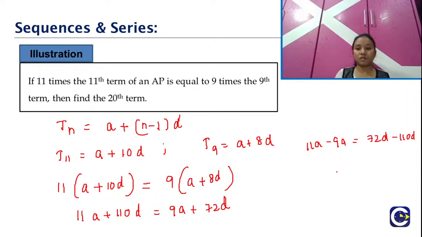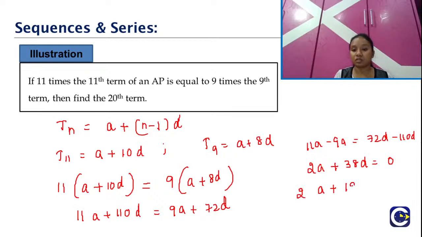So 11a minus 9a will be 2a, and 72 minus 110 will be minus 38, so the other side will be minus 38d. That is 2a plus 38d equal to 0. Now we can take 2 common, so it will be a plus 19d equal to 0.